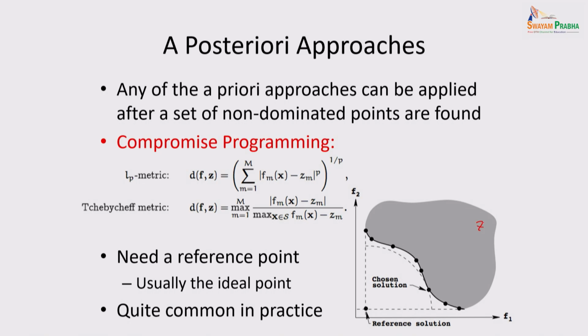Those methods can also be used as an a posteriori approach. So the whole concept here is you go and find a Pareto set, like for example in this case, let's say this is my Z bar or Z, and I go and find a set of Pareto solutions by NSGA2 or some other method, okay. So optimization is done. Now I have to pick one. Just the other day, 2 days ago, I was meeting with a professor here who is already working in multi-objective.